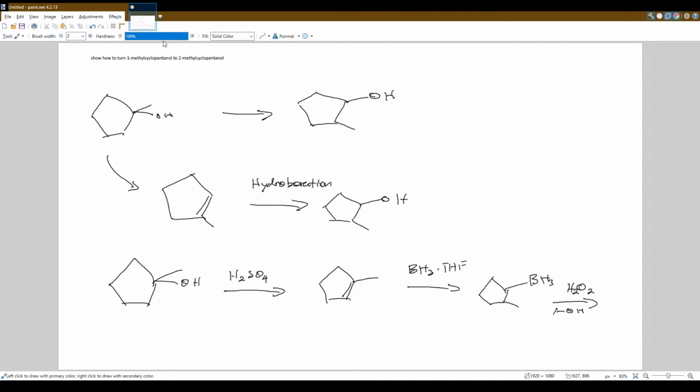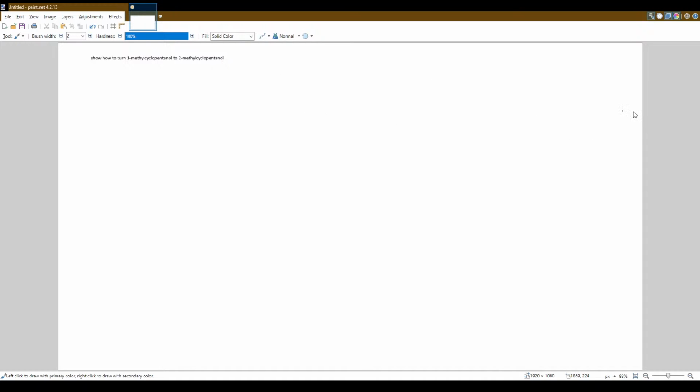So I guess that'll be like NaOH or something. And then that'll turn our molecule into this thing, which is what we want. And I think that's what we need here. Yep, nice. So there's that problem. What next? Next problem.